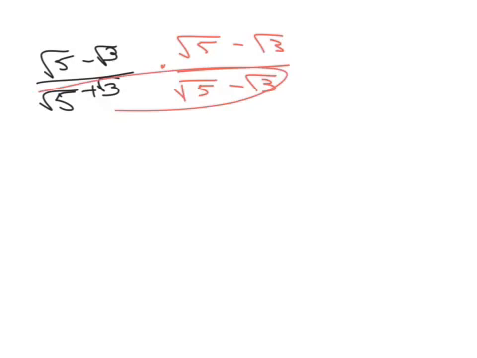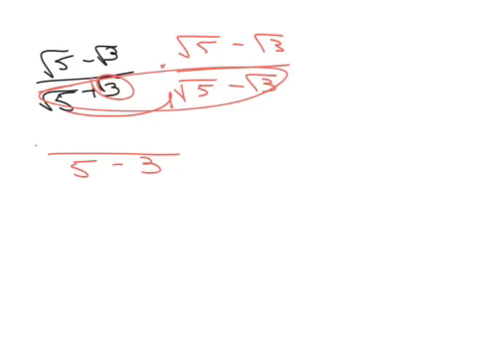Okay, so for the bottom, you square each part. So the square root of 5 squared is 5. Square root of 3 squared is 3, and you put a minus sign. So for the most part you just take the radical sign off and put a minus sign. Here we're going to have to do the FOIL method.